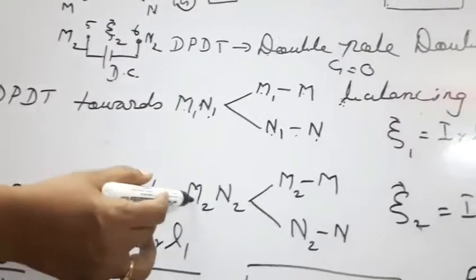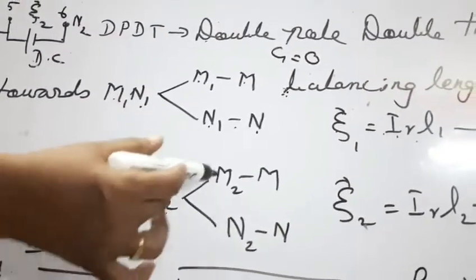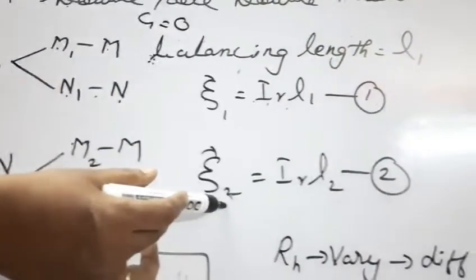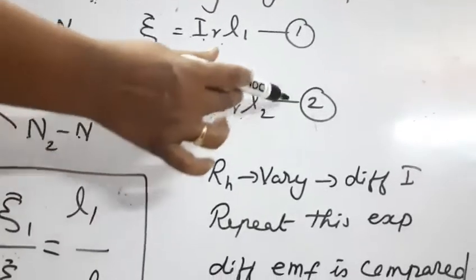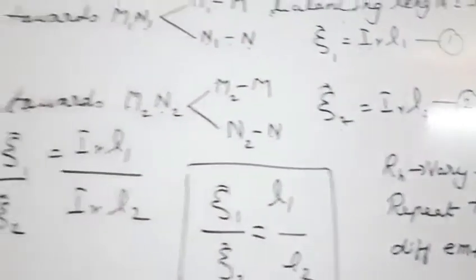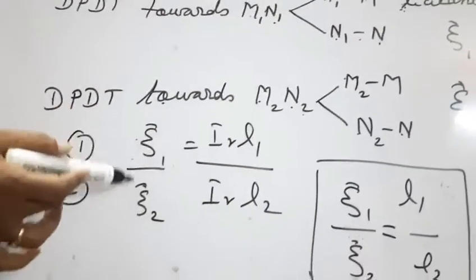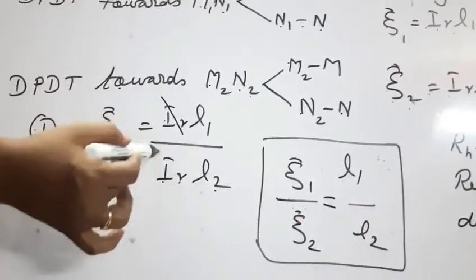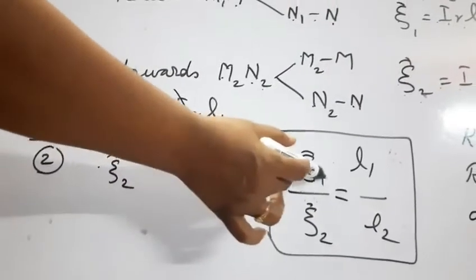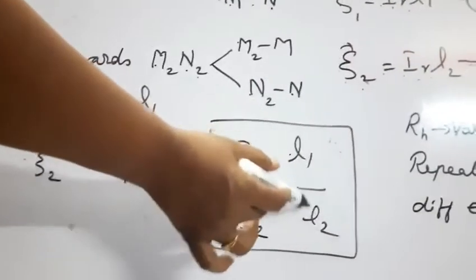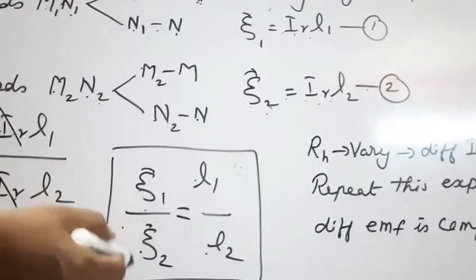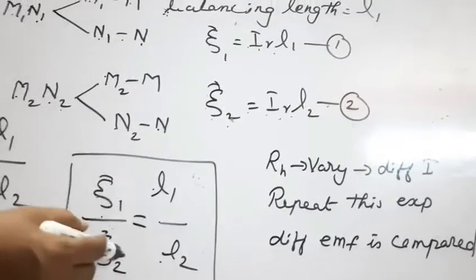Now the DPDT switch is turned to cell 2, that is M2 is connected to M and N2 is connected to N. Therefore psi2 equal to IrL2. This is equation 2. Now we divide 1 by 2. Psi1 by psi2 equal to IrL1 by IrL2. Ir cancels, so we can write psi1 by psi2 equal to L1 by L2. So this formula is used to compare the EMF using the potentiometer.